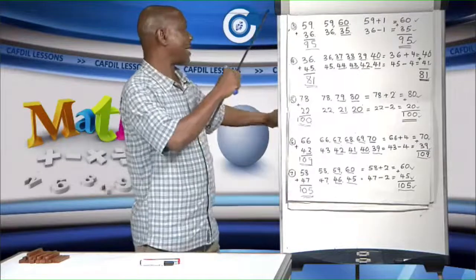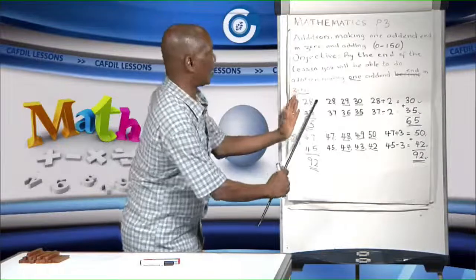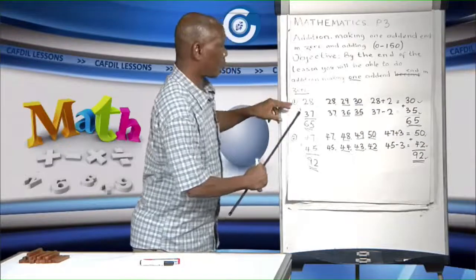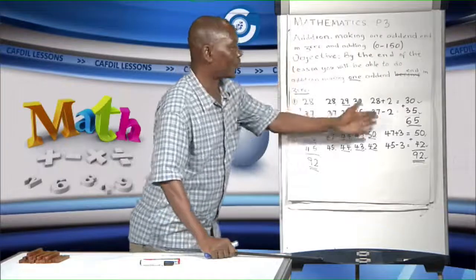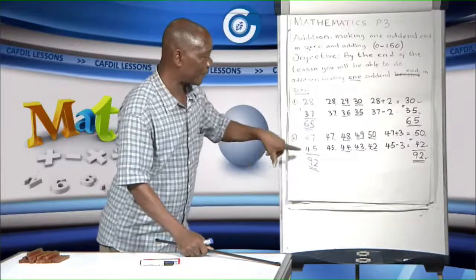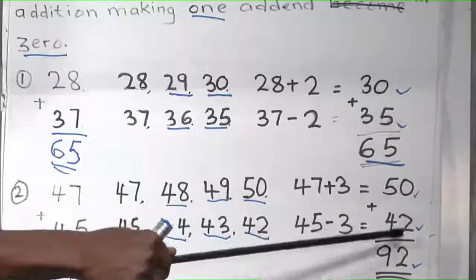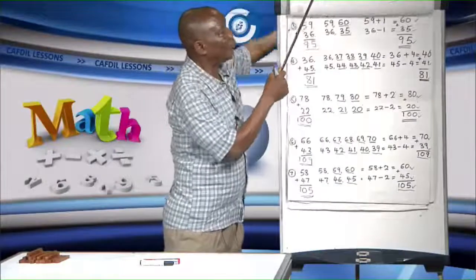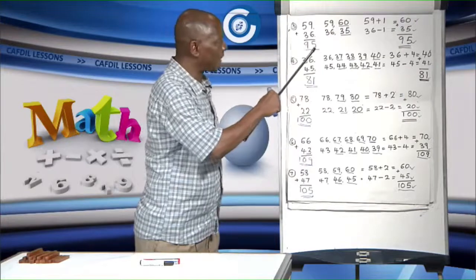If you compare the answers, those on our left and those on our right, they all have, for question 1, the first one is 65 on the left, and on the right 65, which means they are the same. 47 plus 45, we get 92. 50 plus 42, we get 92. So it's the same. Now when we come here, 59 plus 36, we got 95.